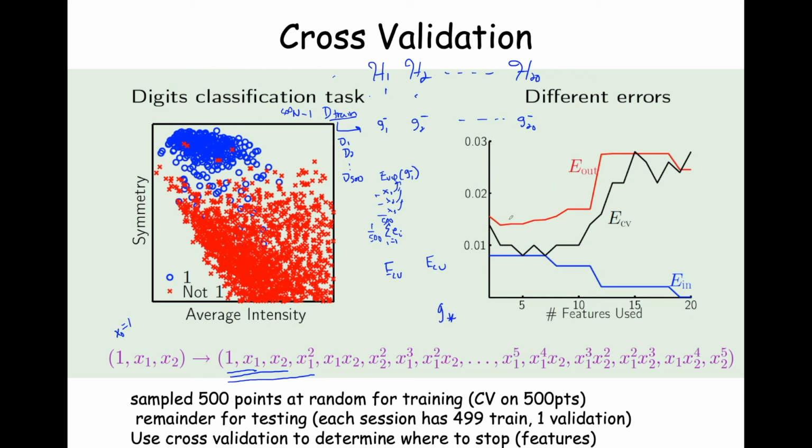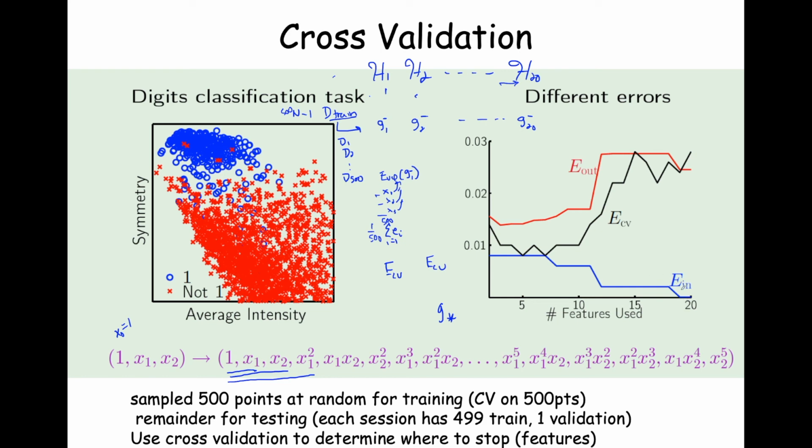So when we do that, some observations. As the number of features gets larger, meaning you're going from H1 to H2 to H3, getting closer and closer up to H20, as you increase the number of features, you notice that in-sample error gets smaller.